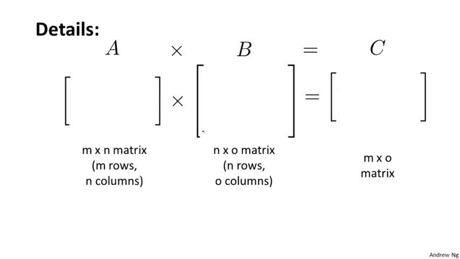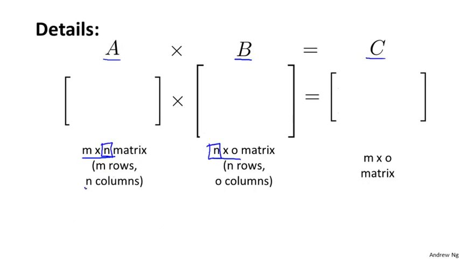Here are the details. I have a matrix A, and I want to multiply that with a matrix B, and the result will be some new matrix C. You can only multiply together matrices whose dimensions match. So A is an m by n matrix, so m rows, n columns. And I'm going to multiply that with an n by o matrix. This n here must match this n here.